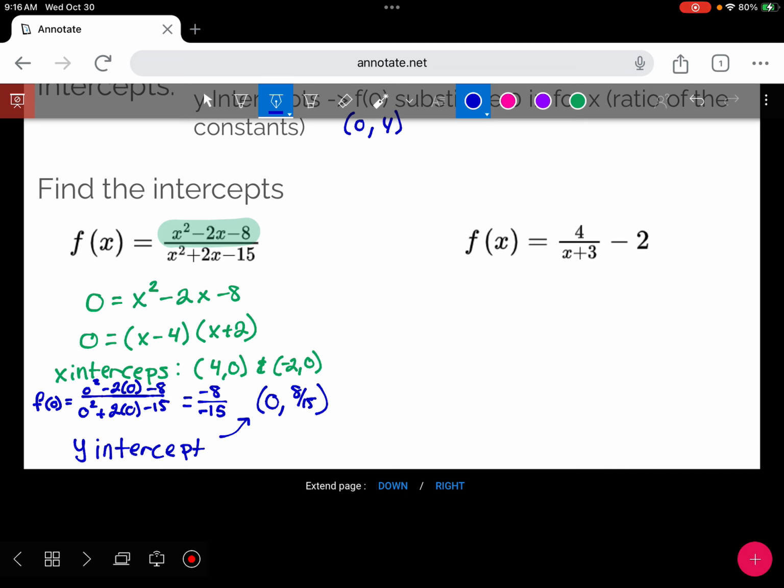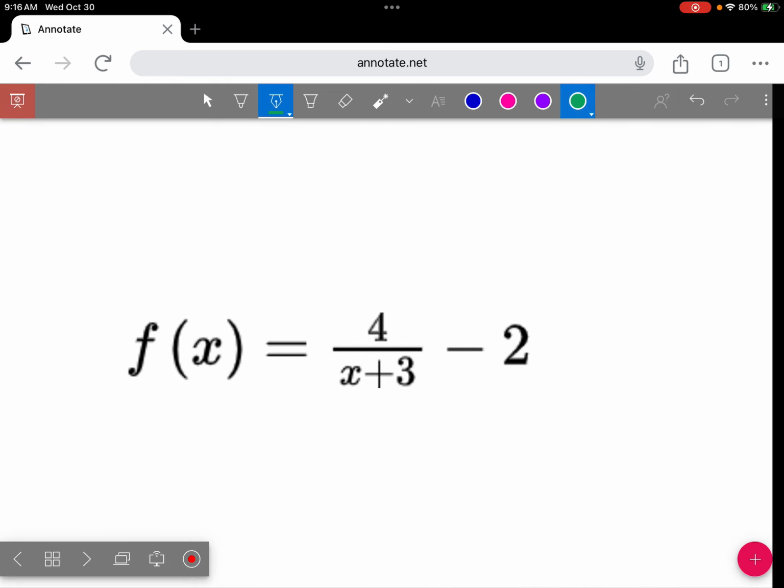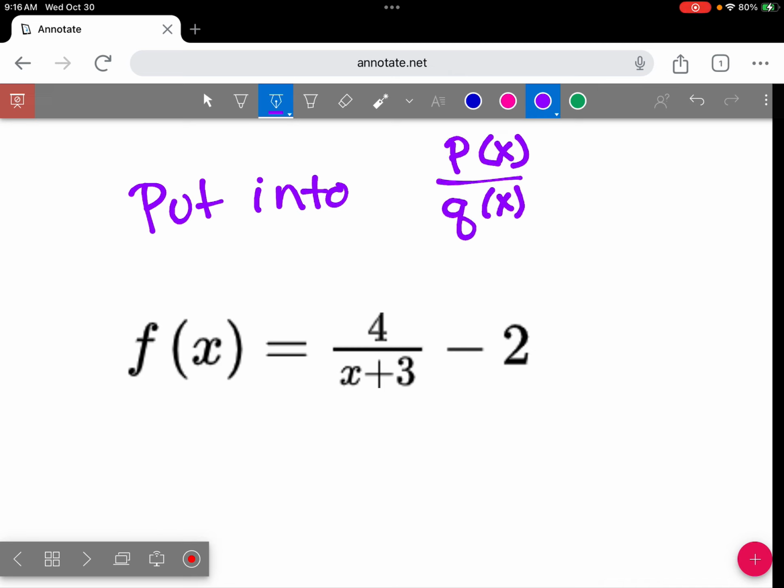Treat it like when we have fractions. We've done things like this before. We want to put this back into our p of x over q of x form, so we need a common denominator.